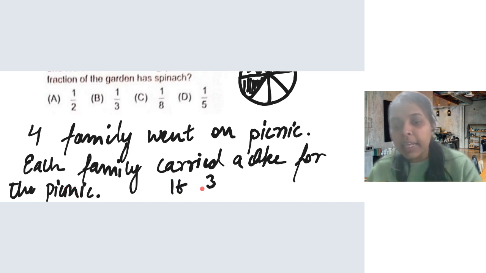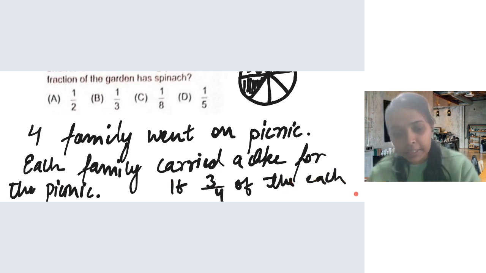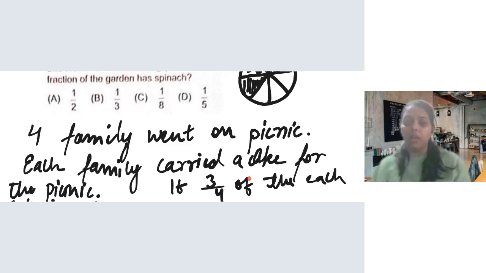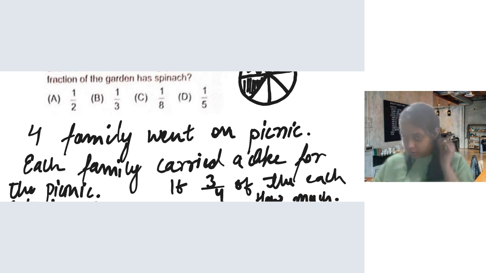If 3/4 of each cake is eaten, how much cake was eaten in all? If every family ate 3 upon 4 of their cake, how much is eaten in total?